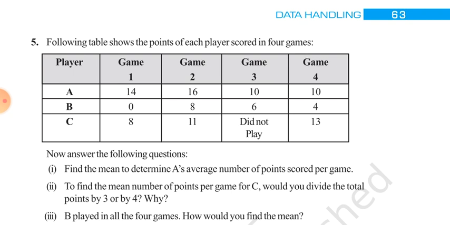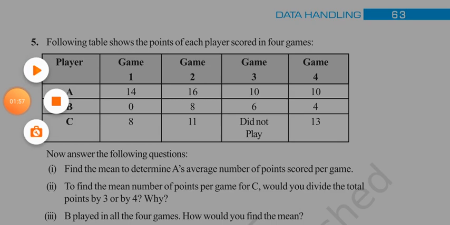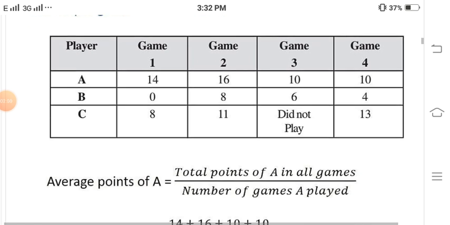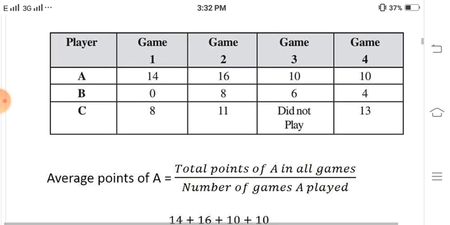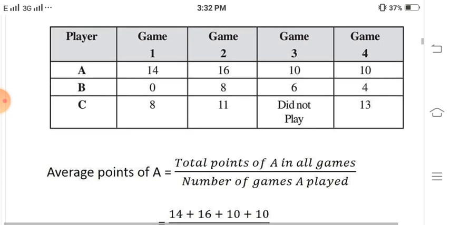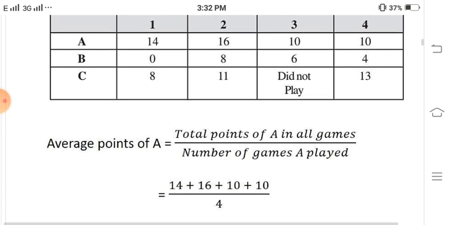We know that average is the sum of the observations divided by the total number of observations. So we will find the total of the scores of player A upon the total number of games played by A. So it is equal to 14 plus 16 plus 10 plus 10 divided by 4, as A has played 4 games.